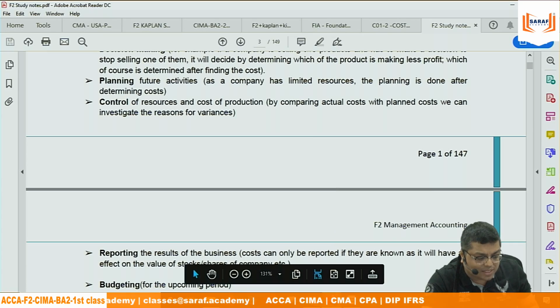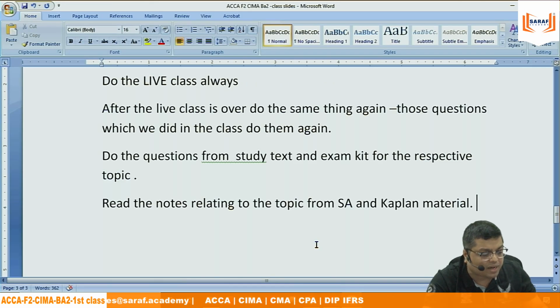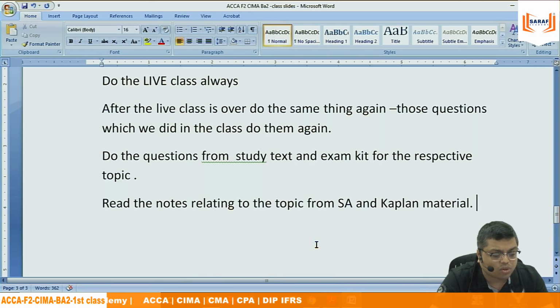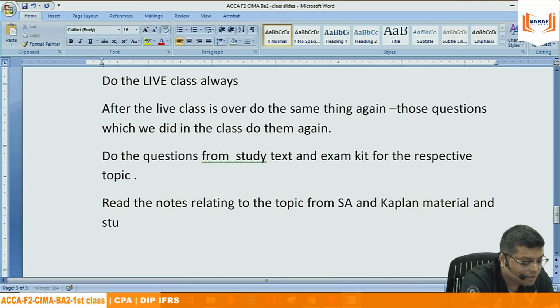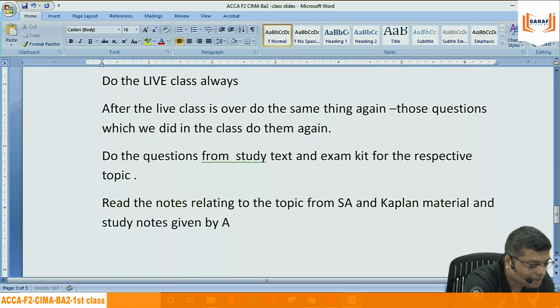And then you will be reading the institute material also. Read the notes relating to the topic from Saraf Academy and Kaplan material, and the study notes given by the ACCA Institute, which is 149 pages.